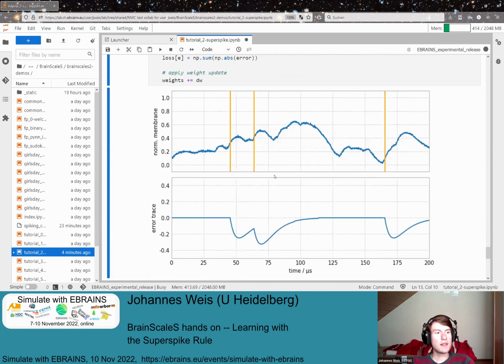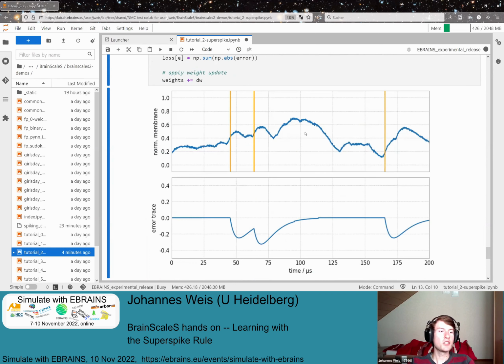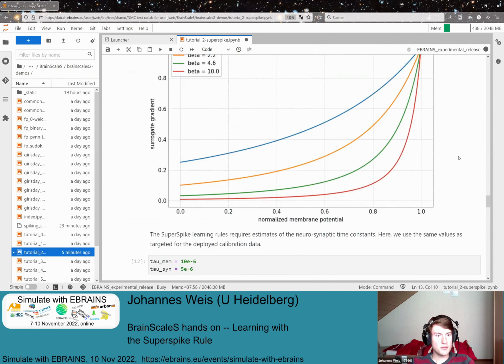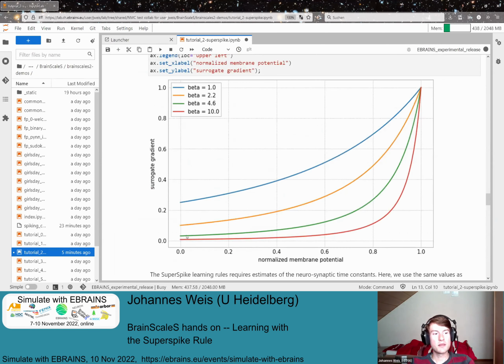And we will still have a similar membrane potential initially without spikes. But it will now have a much harder time learning that the rates need to be increased in order to elicit some spikes here. This is the case because this super spike gradient is now even steeper than the red curve.